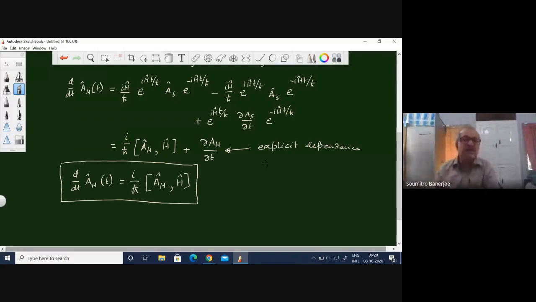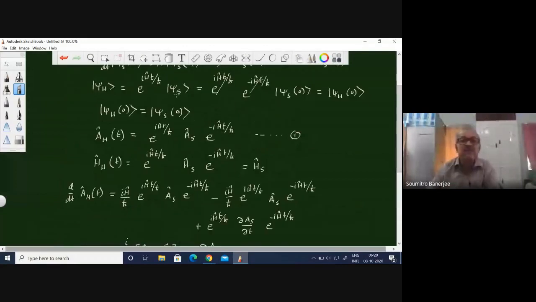In my picture, I will picture any operator evolving by means of this kind of a differential equation. So it's a matrix, and that matrix's elements will change with time. But then at any point of time, if I want to find out what is happening, all I need to do is to find out the operator at that time and operate it on the state vector. The state vector doesn't vary with time, because we have already ensured the state vector will not vary with time. State vector at any time is the same as the state vector in the Heisenberg picture.